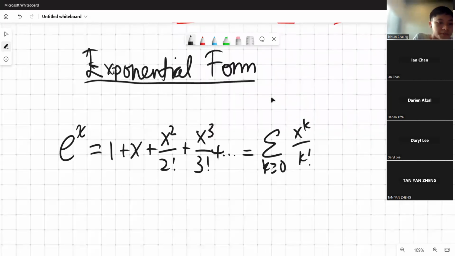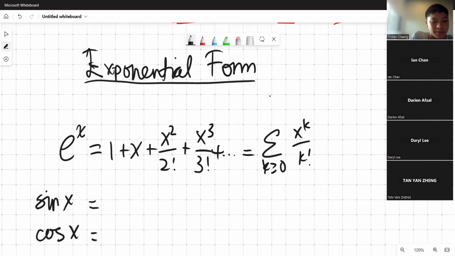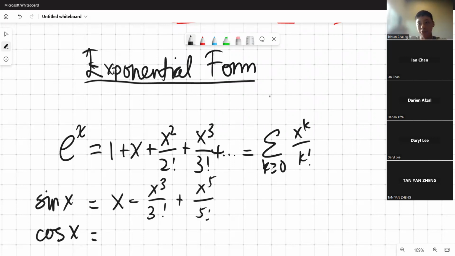And let's also revisit the sine function and the cos function. They also have their own analogs, which you can read up on as the Maclaurin series or Taylor series. It is something like this. I don't require you to know all this or to prove this, but I'll just write it out first, and I will give it to you as a given.